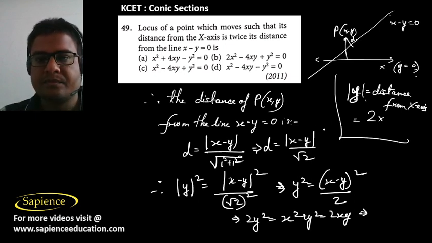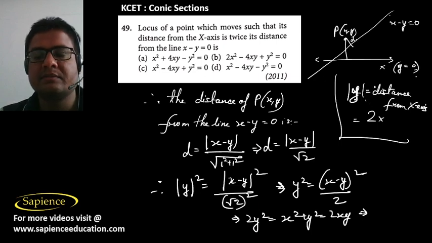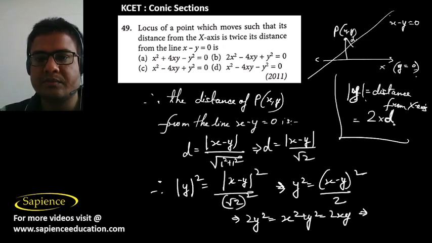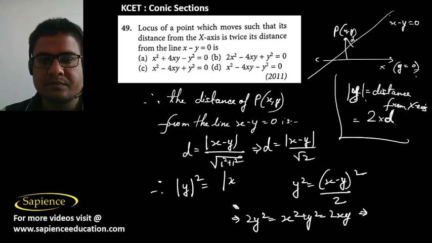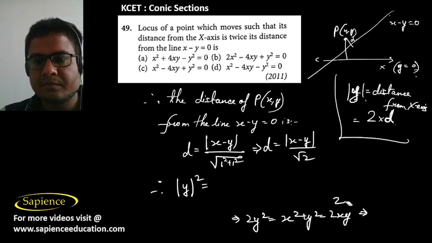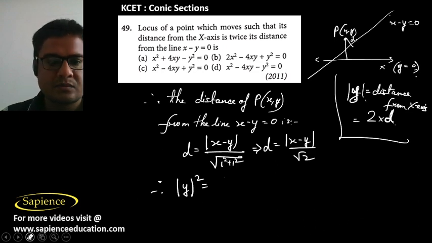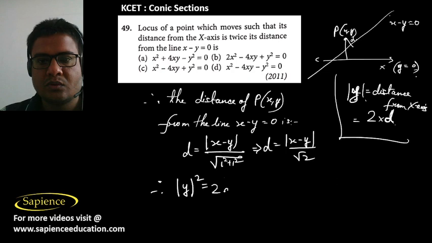So now it is told that its distance from the x-axis is twice its distance from this line. It means it is 2 times d. Sorry, there is something wrong here. So this will be 2d whole square.